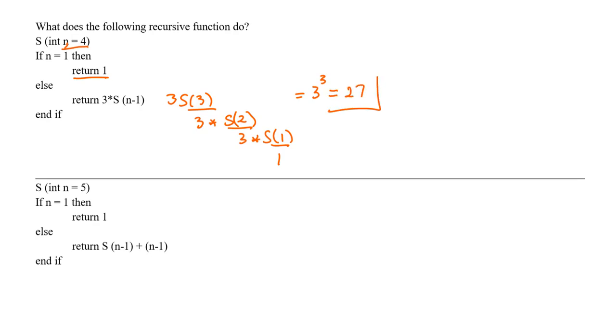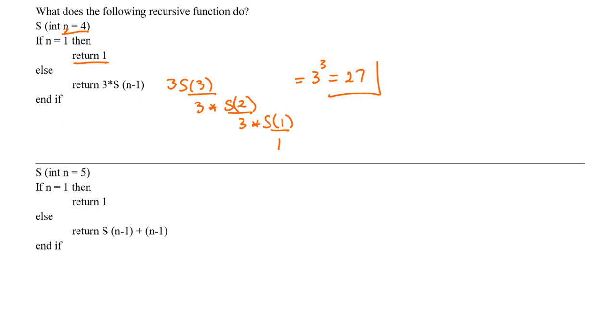So this other example right here, we're starting with n equal to 5, and then if n is 1, then return 1, else return s of n minus 1 plus n.